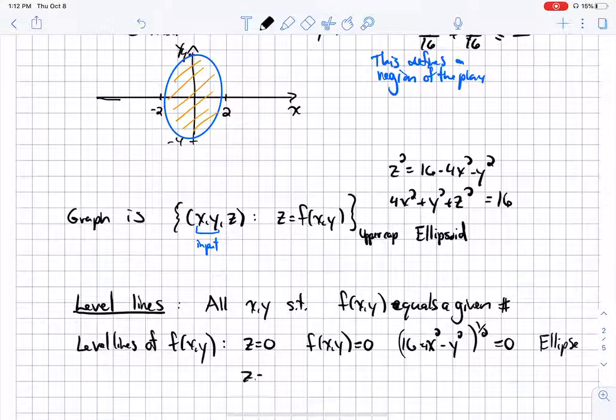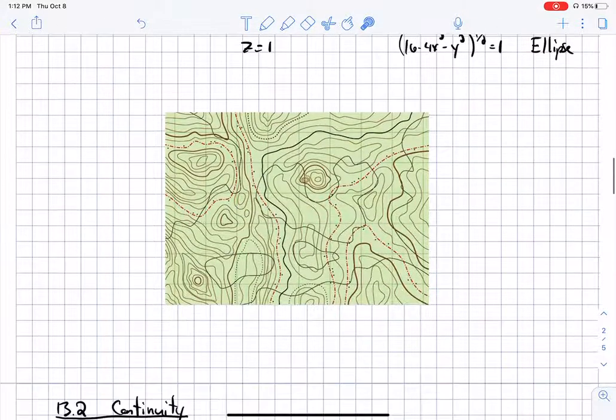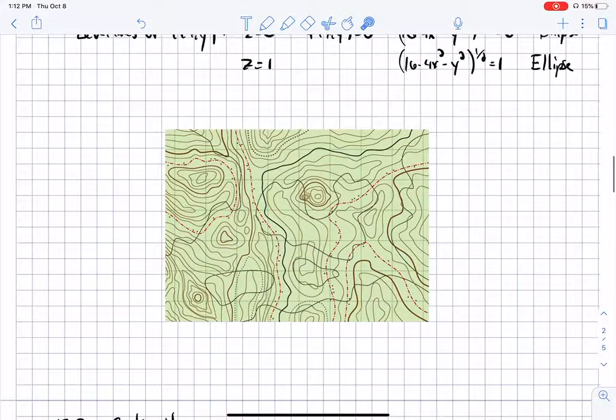And z equals 1 would be the square root of 16 minus 4x squared minus y squared equals 1. You also get an ellipse, but which is slightly smaller.